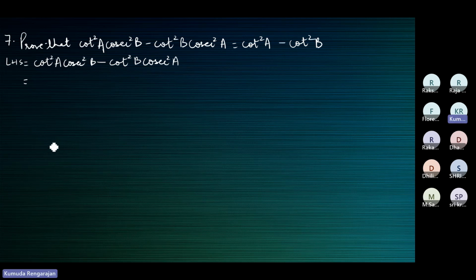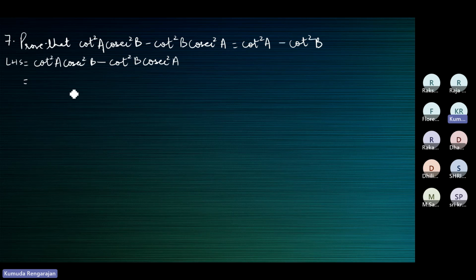Okay. So you see that the RHS is only in terms of cot. On the left hand side, we have cot and cosecant, but on the right hand side, we have only cot. That means we have to replace cosecant square A and cosecant square B with cot square A and cot square B. We look at the RHS, we see that cosecant A or cosecant B is absent there.